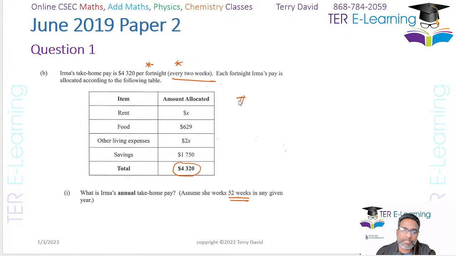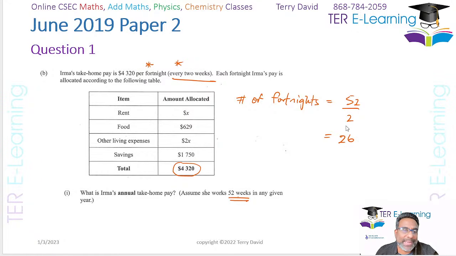The number of fortnights: I'm going to take that 52 and divide it by 2. So 52 divided by 2 is going to give me 26.